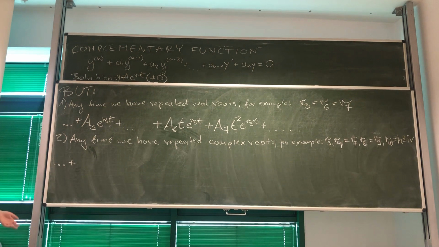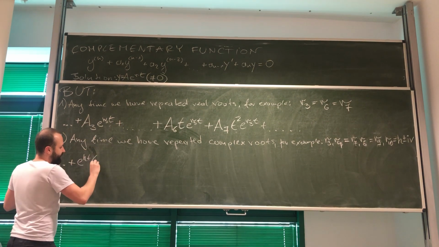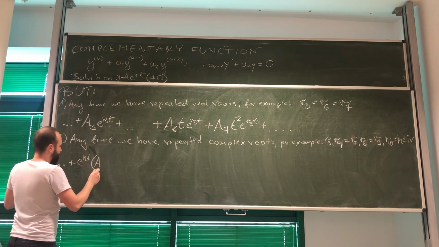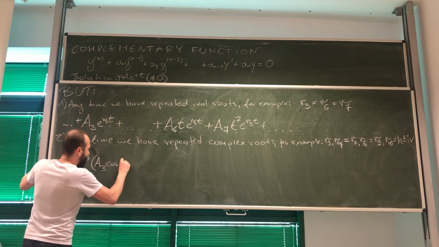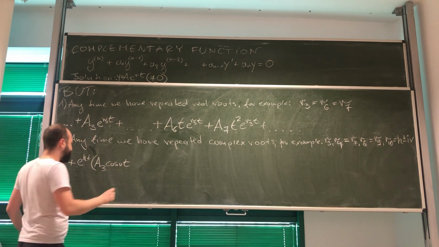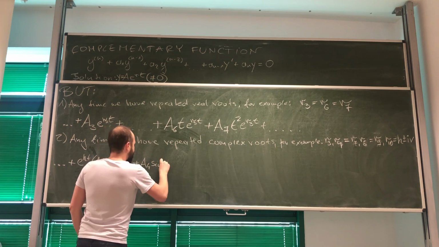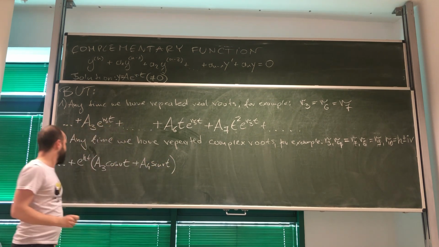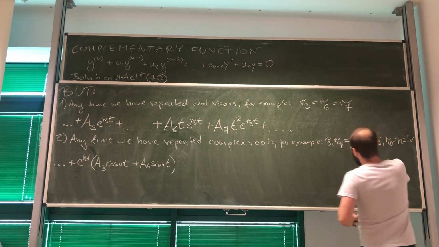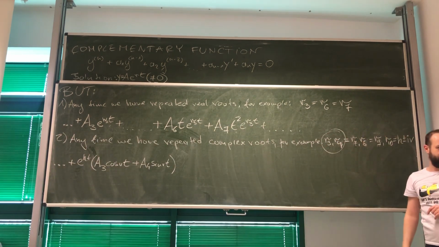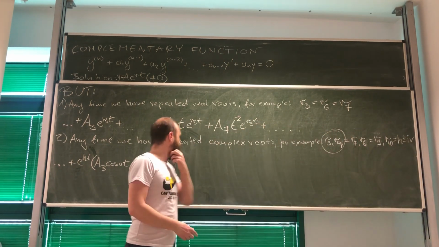What would we use here? e to the power ht times a3 cosine vt plus a4 sine vt. Okay, so that would be the first expression, right? So we've dealt with the first two. Okay, so what do we do next?